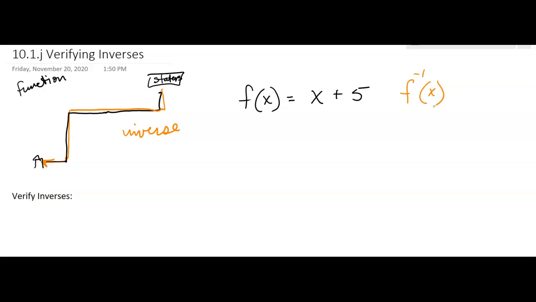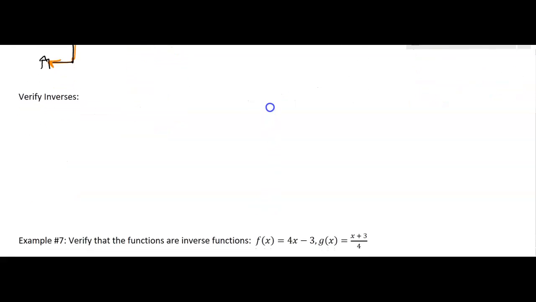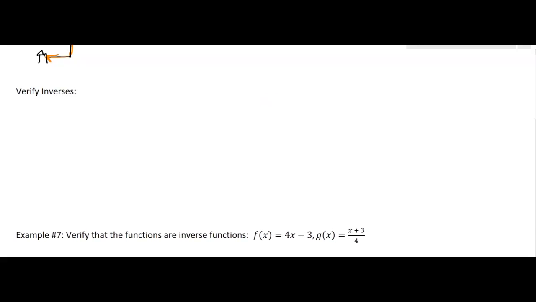Inverse of f of x equals x minus 5. Okay? So in one function we're adding 5, and in the inverse we're undoing that. We're subtracting 5. If that doesn't make sense to you, that's okay. We're going to go on, and we'll talk about what this means.